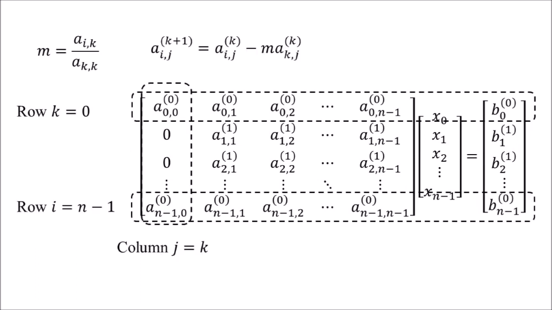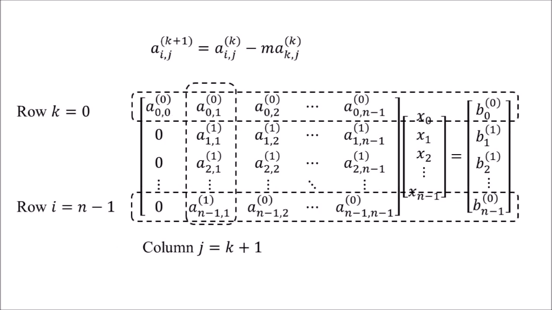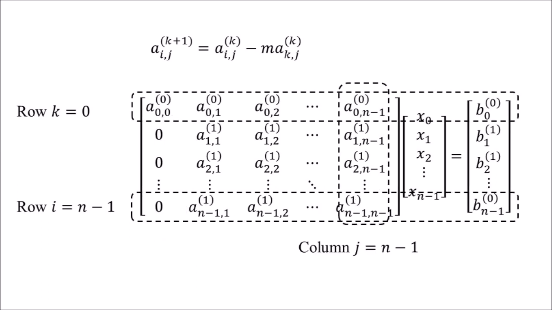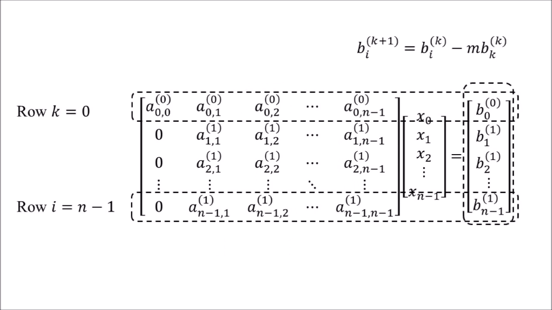Then i is incremented repeatedly until it gets to the final row in the A matrix. A new multiplier is calculated, and that multiplier is applied to all of the entries in the last row of the matrix, resulting in a 0 in column 0, and then adjusting the values in column 1 and column 2, and all the way through the rest of the matrix, and adjusting the value also in the B matrix.